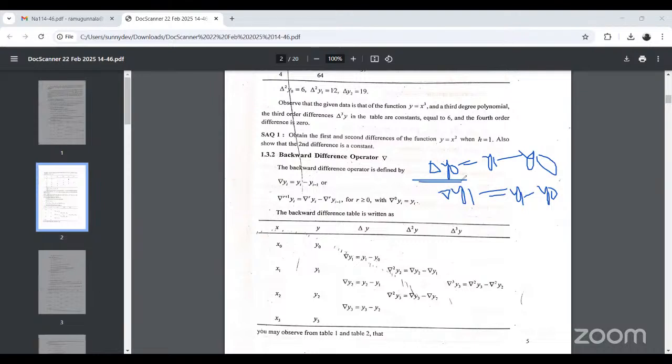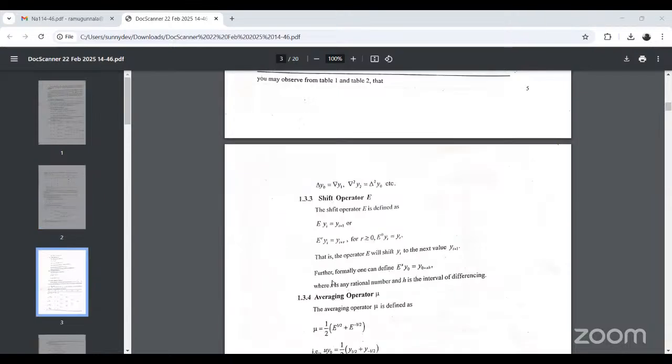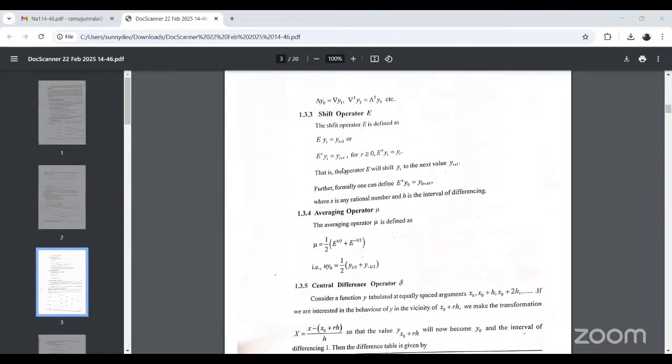This is delta y naught and this is nabla y1. So that is the little difference between them. Okay. So before that, just now we discussed, delta y naught equal to nabla y1 and nabla square y2 equal to delta square y.